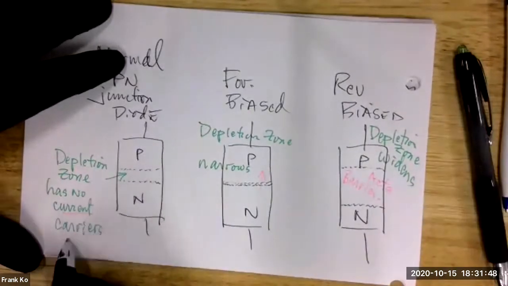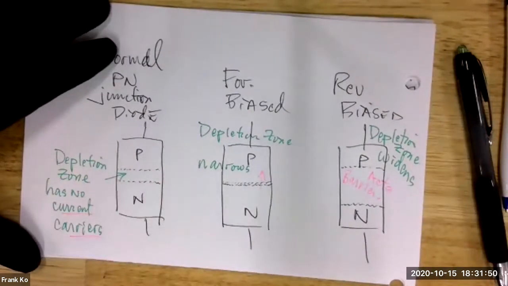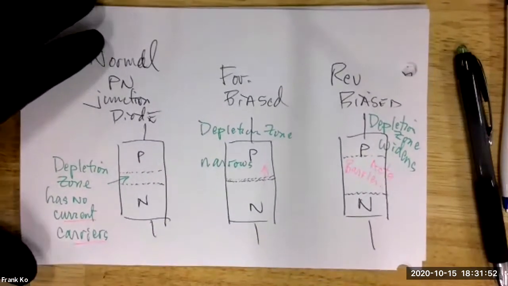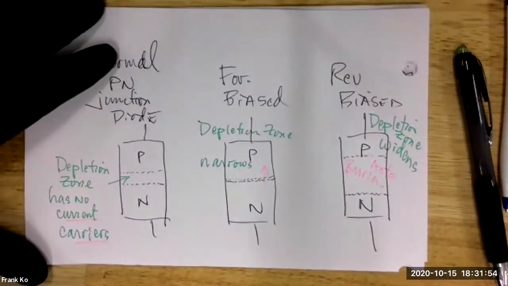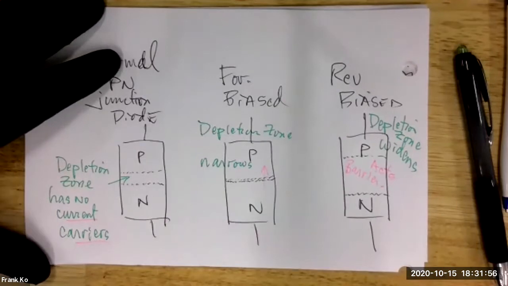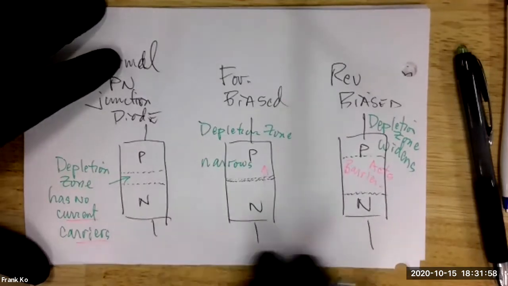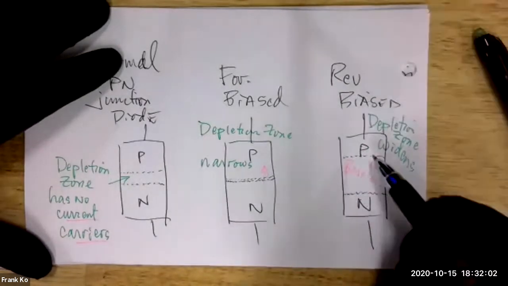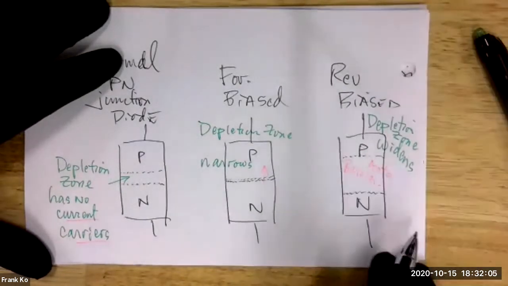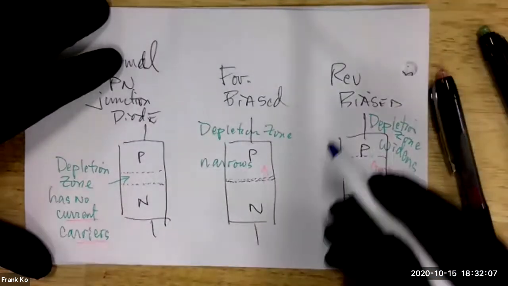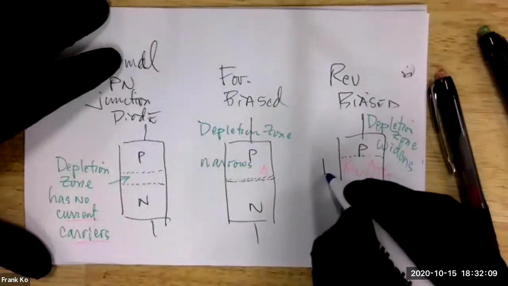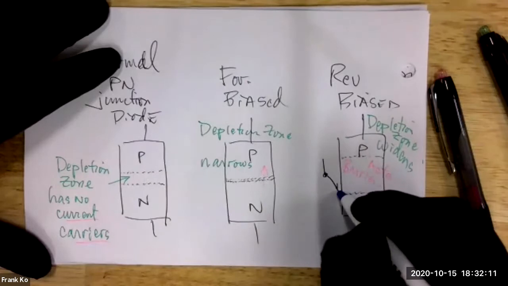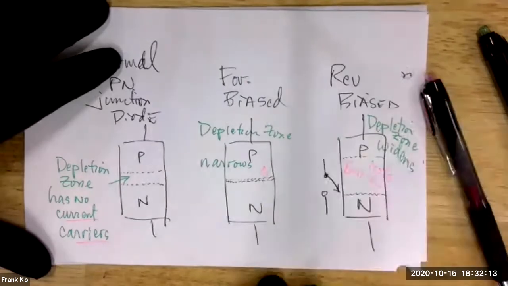It already has no current carriers. What are current carriers? Current carriers are your electrons and your holes. It has none of those. So reverse biasing will cause the depletion zone to widen, and the size of the barrier increases. That's why in reverse bias, this is behaving like an open switch.